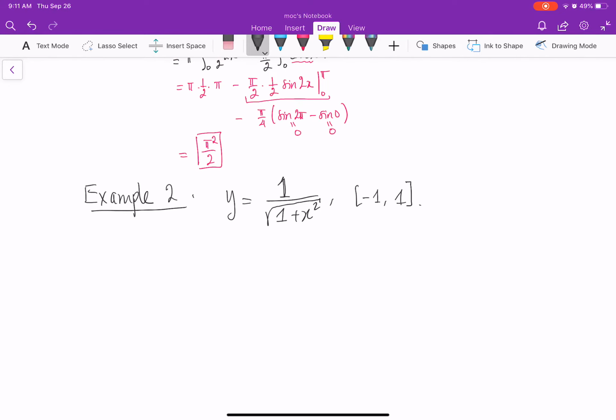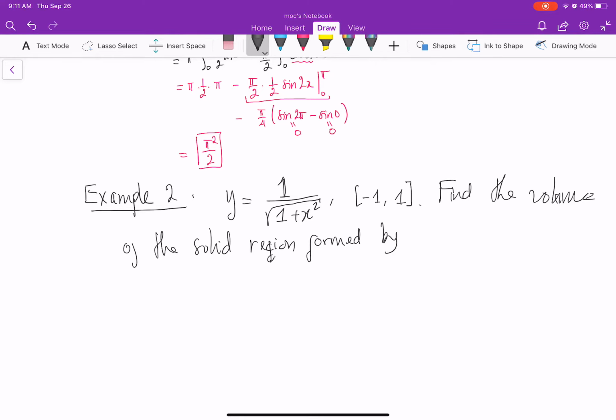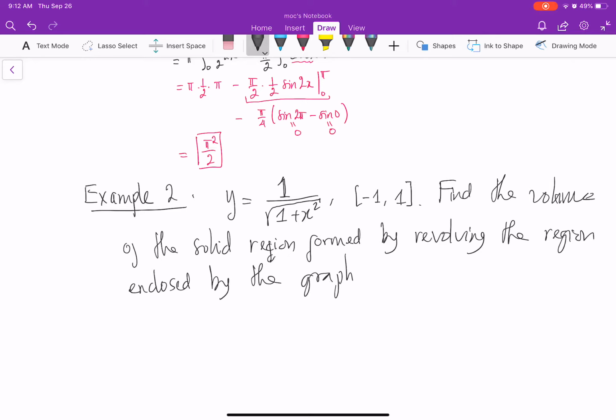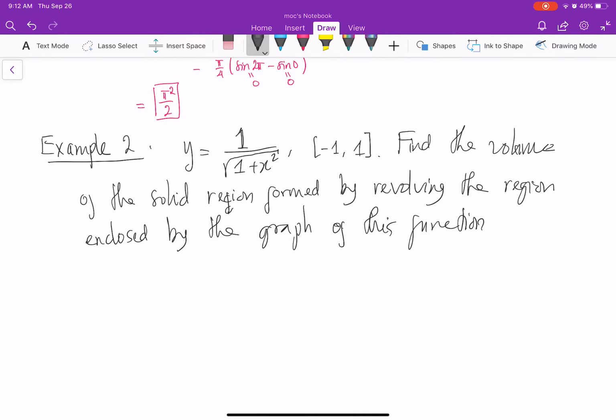We need to find the volume of the solid region formed by revolving the region enclosed by the graph of this function and y equal to 0.